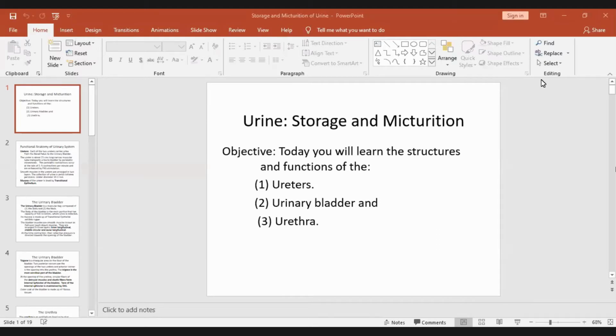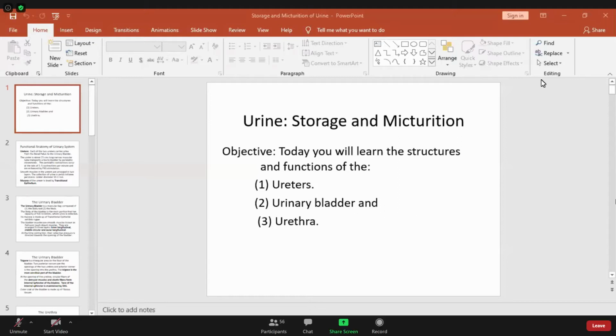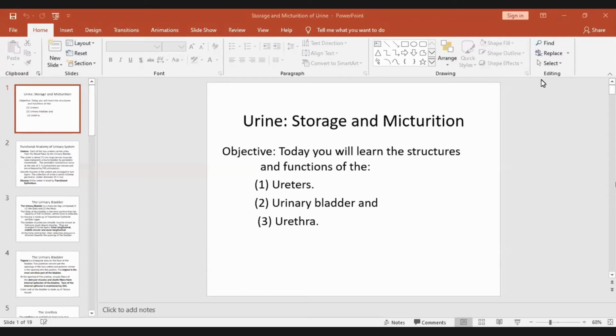Trigone is a triangular area in the base of the bladder that has 3 points. 2 points are made by the 2 ureters, and the third point is the internal opening of the bladder, which continues as the internal urethra, that is the prostatic urethra. That is the trigone, and the trigone is supposed to be the most sensitive part of the bladder.